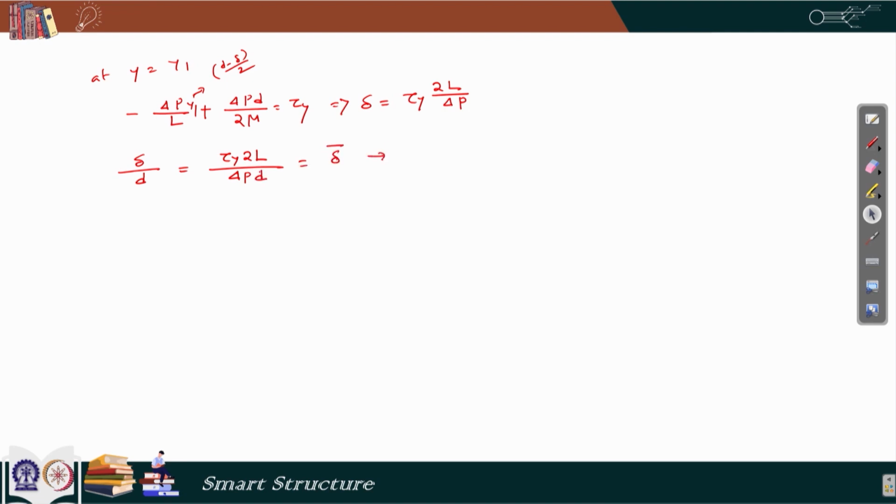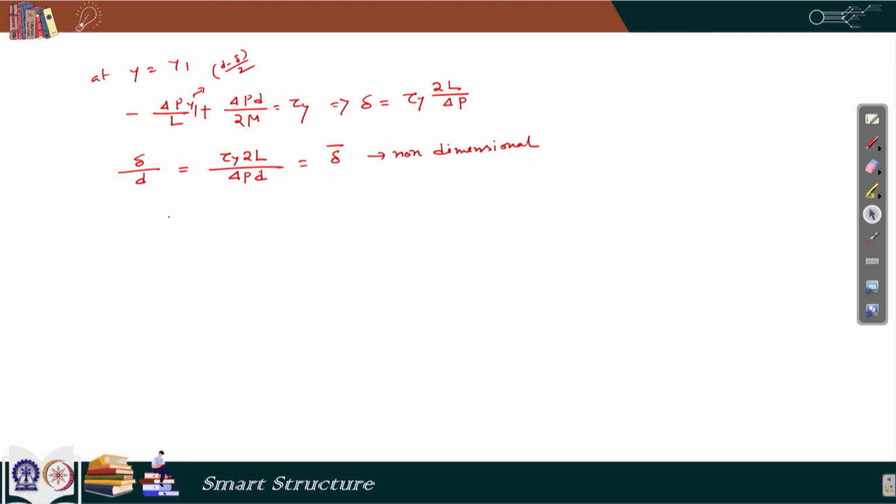That is a non-dimensional quantity. Now, from here we can see that when this non-dimensional quantity is 1, that means in the entire region there is no shear flow. The entire region is in the pre-yield region.